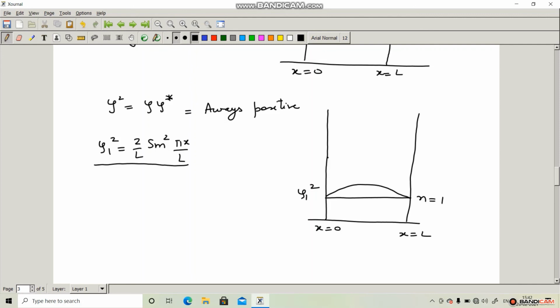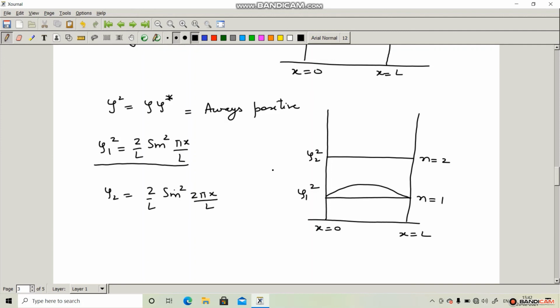And in second level, n equal to 2, psi 2 square is 2 upon L sin square 2 pi x over L. This is psi 2 square.